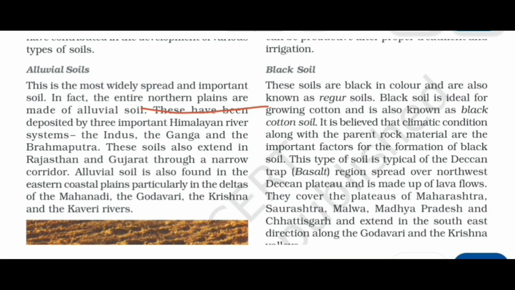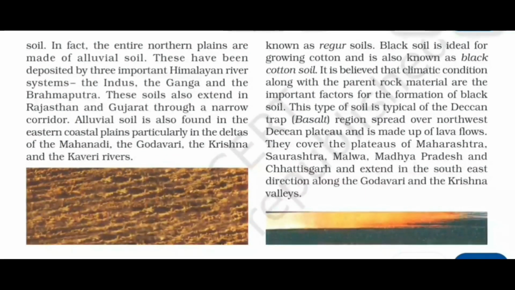Of course, the western part of Rajasthan has desert soil, that you need to keep in mind. But the rest of the northern plain is made of alluvial soil. These have been deposited by 3 important Himalayan river systems, that is the Indus, the Ganga and the Brahmaputra.